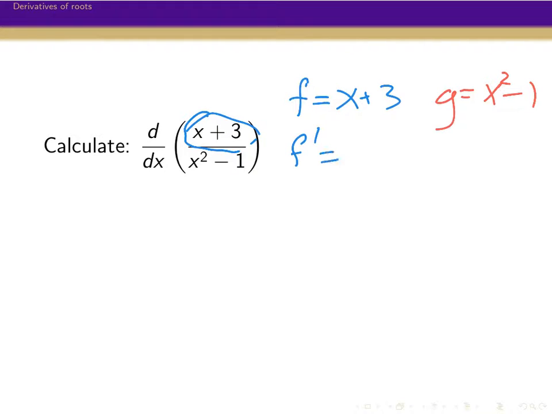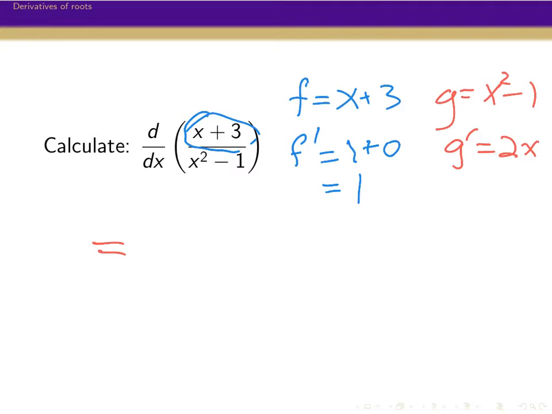The derivative of x plus 3: the derivative of x is just 1, and then the plus 3 disappears, turns into 0, so f prime is really just 1. G prime, the derivative of x squared, getting ahead of myself, is 2x, and then the minus 1 disappears. It's just a constant. Okay, so we have f, we have g, we have f prime, we have g prime. That's all we need.